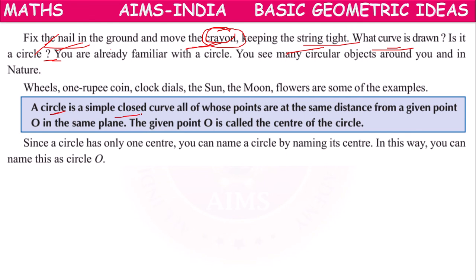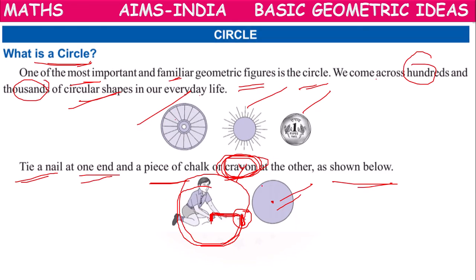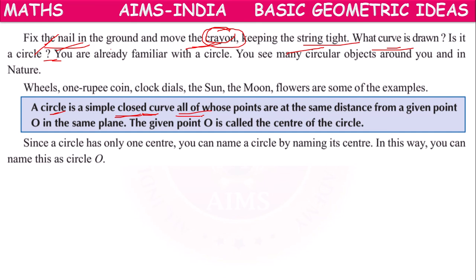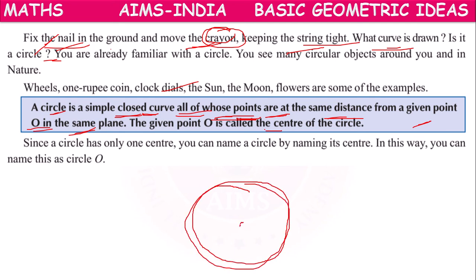A circle is a simple closed figure whose points are all at the same distance from a given point O in the same plane. The given point O is called the center of the circle. On the circle we can have an infinite number of points.